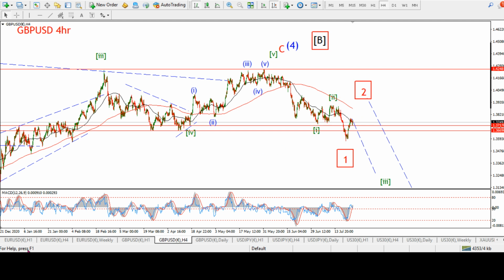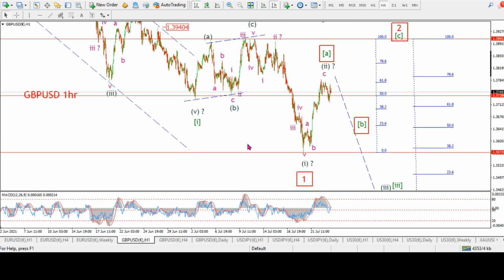So let's get into the hourly count here, and I'll show you what I mean. As per the main count, I suppose we still have the possibility that we have a 1-2-1-2 underway here, but the fact that we have a reasonable 5-wave pattern into this week's low, and we have a pretty impulsive looking move off that low so far, it does kind of split it 50-50 as to where this count goes next.